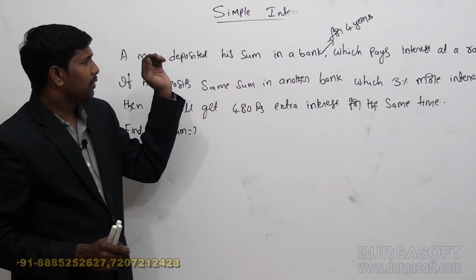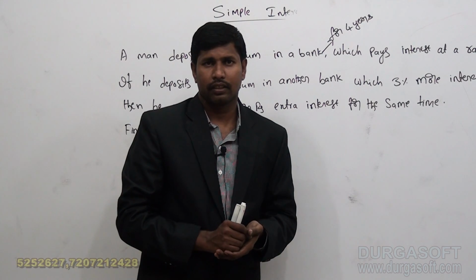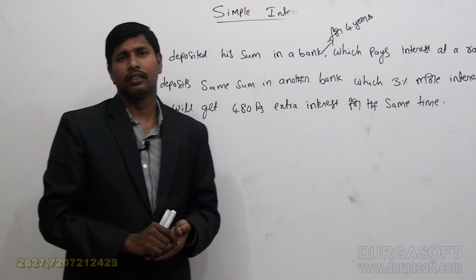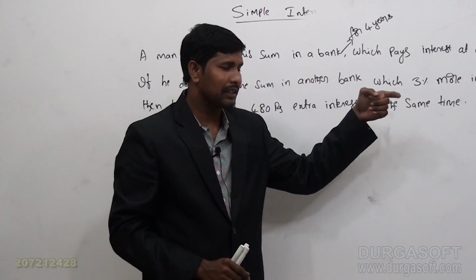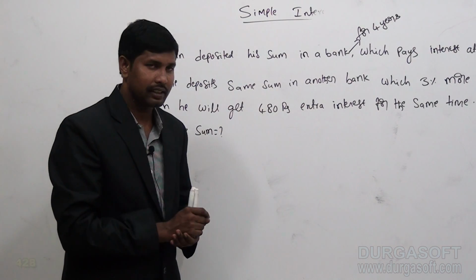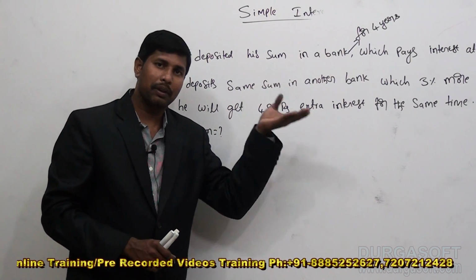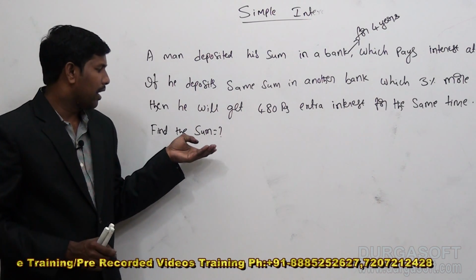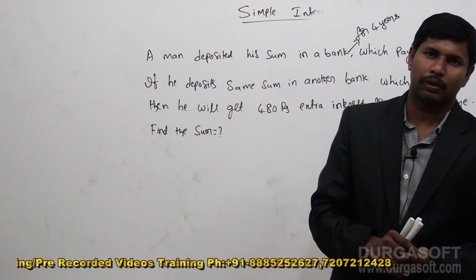Now instead of depositing in that particular bank, if he deposits the same money in another bank which is paying 3% more than the first bank, as a result he will get 480 rupees more interest than the previous case. Now I want the money he deposited, or the sum he deposited.